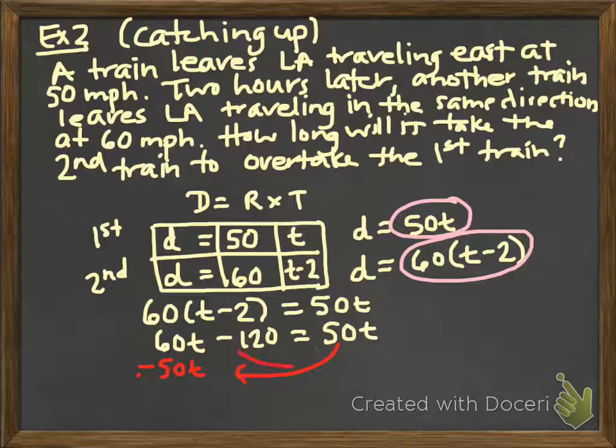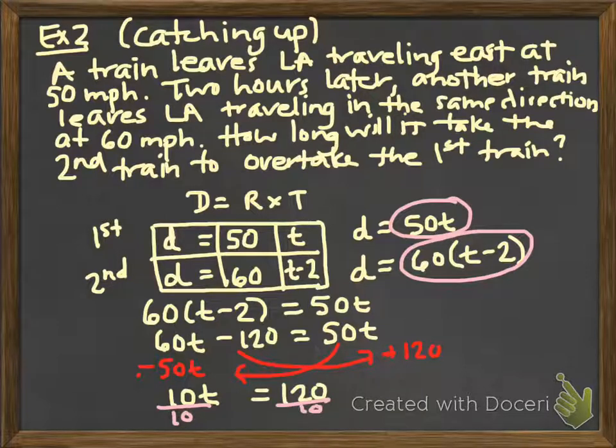Bring the negative 120 over there, so that's positive 120. Okay, so now we get 10T. We have 10T equals 120. Divide both sides by 10.